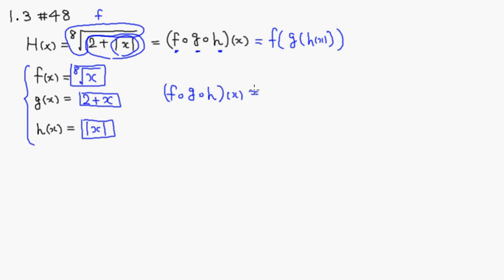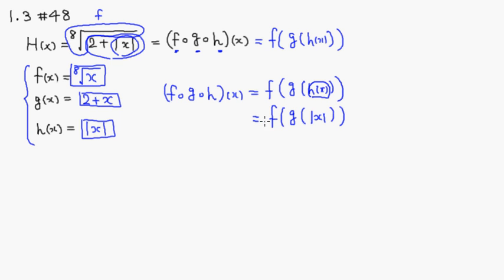So we're going to work from the inside out. h of x in this case is the absolute value of x, so put that in there, just replacing h of x by the absolute value of x.